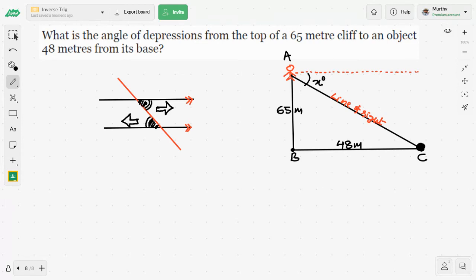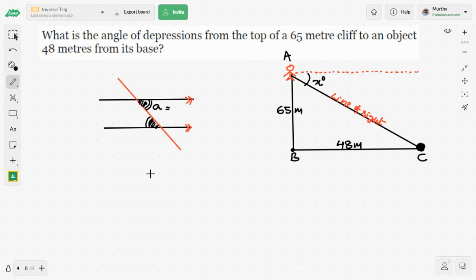Think for a moment. Yes, they are alternate interior angles. You know that these two are equal in measure. Suppose if it is 50 degrees, the other angle is also 50. In the same way, if one is 60 degrees, the other angle is also 60 degrees.